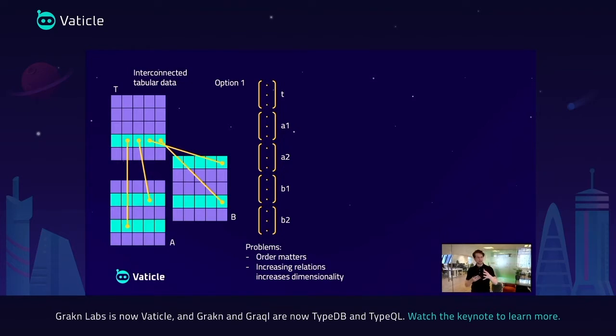But this adds an extra problem, because now it matters the order in which A1 and A2 are added to this stack. Now suddenly my neural network is going to pick up any kind of bias in how I order those two examples. It thinks that actually it matters which order these are in. The same goes for B1 and B2. So this isn't really nice.